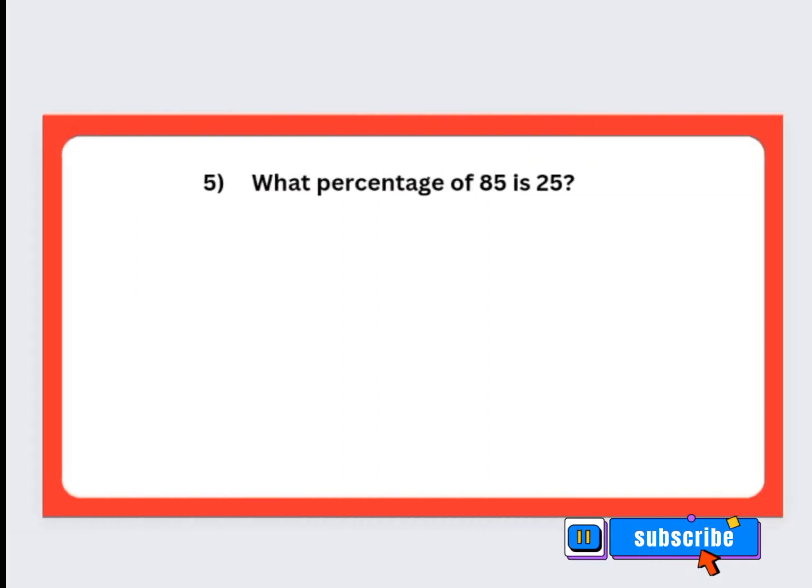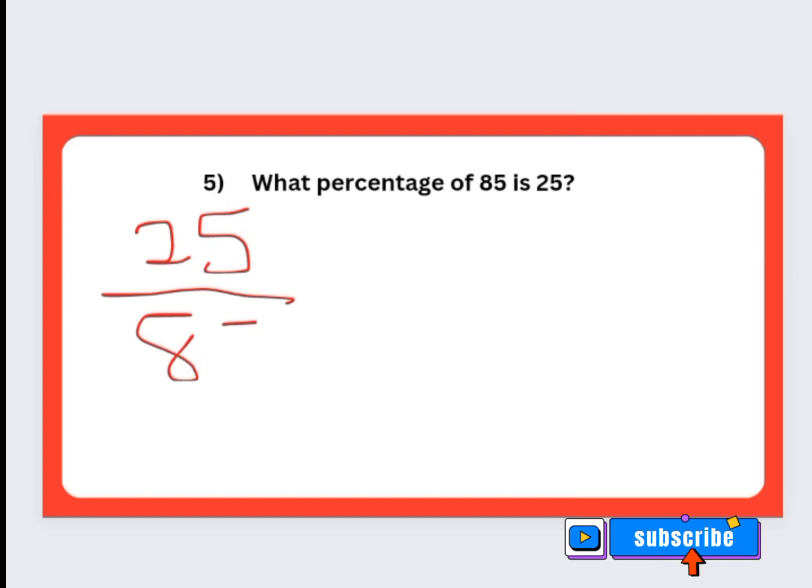So the next we have, what percentage of 85 is 25? What percentage of 85 is 25? Okay, so we're going to have 25 over 85 times 100.